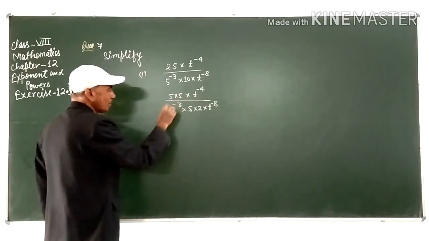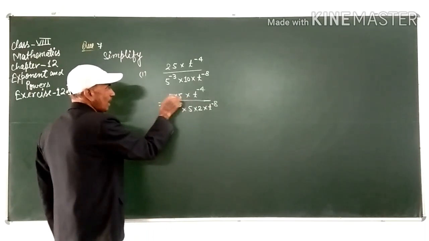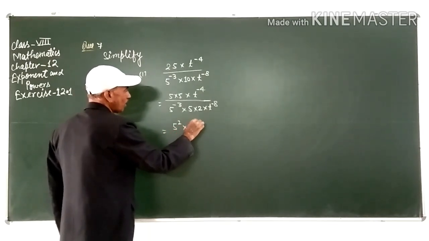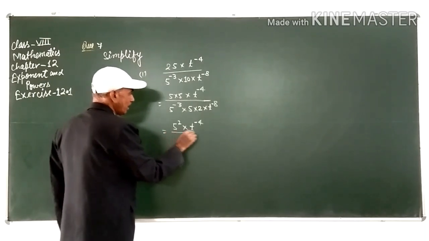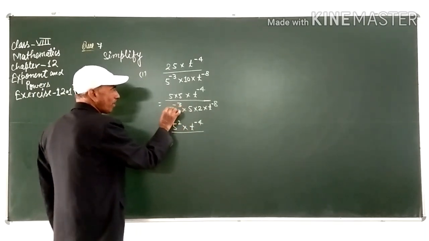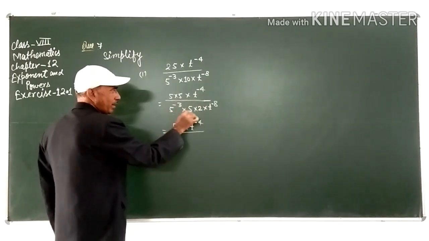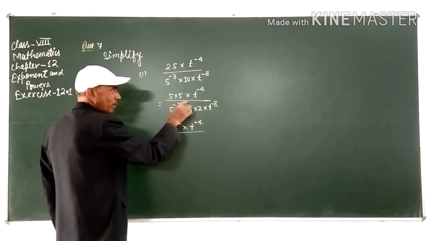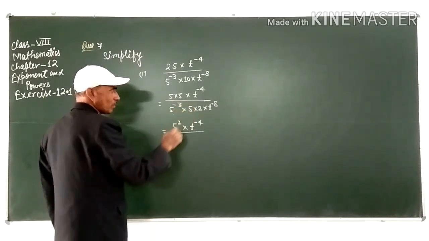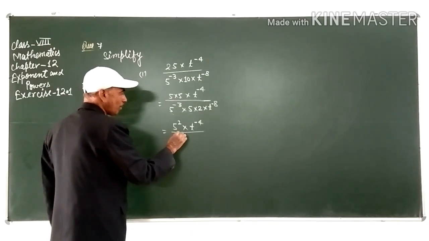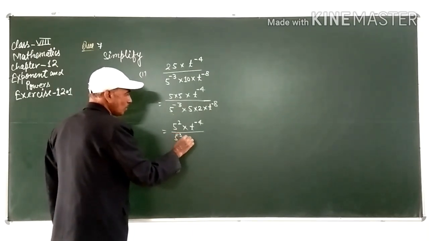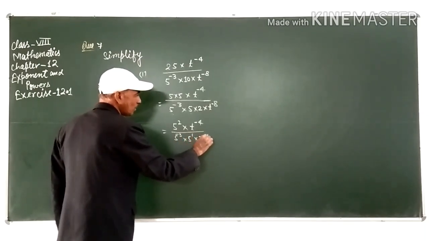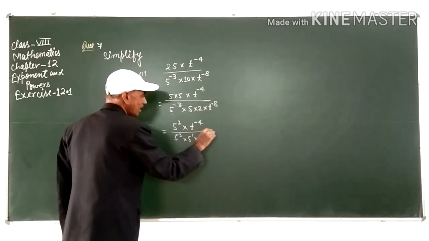Now friends, we will solve this, that is 5 to the power 2 into t to the power minus 4, and here 5 to the power minus 3 into 5 to the power 1. Students, if bases are equal then exponents will be added. So 5 to the power minus 3 into 5 to the power 1, into 2, into t to the power minus 8.